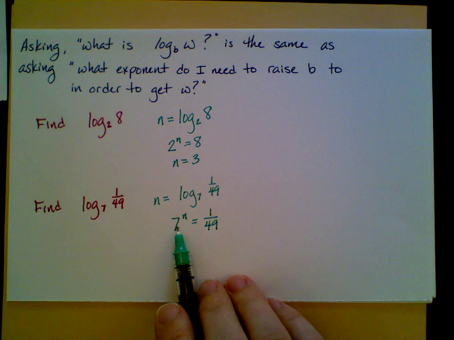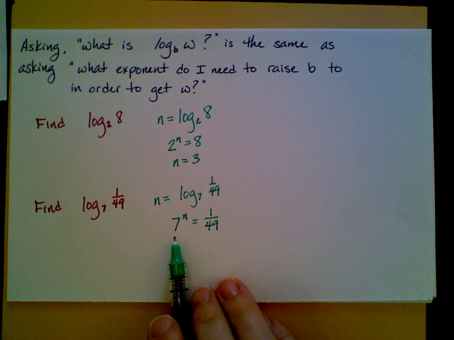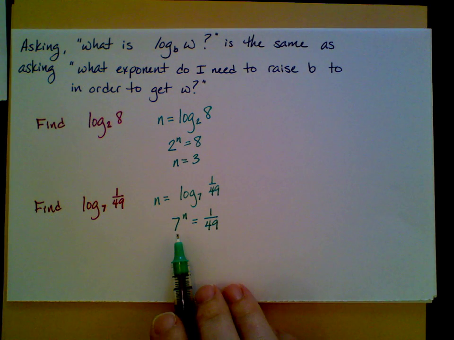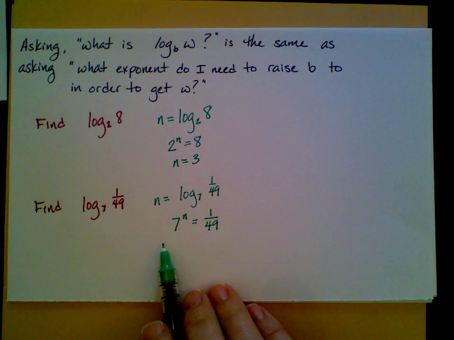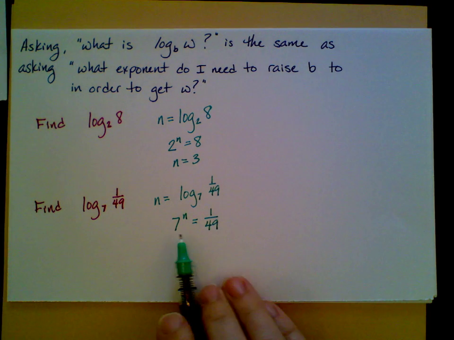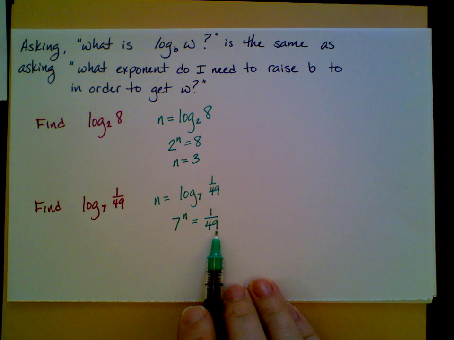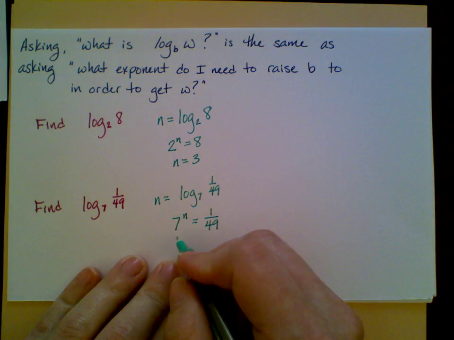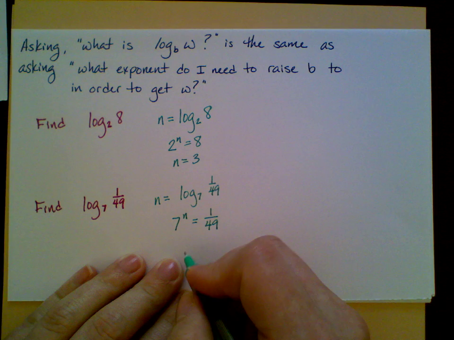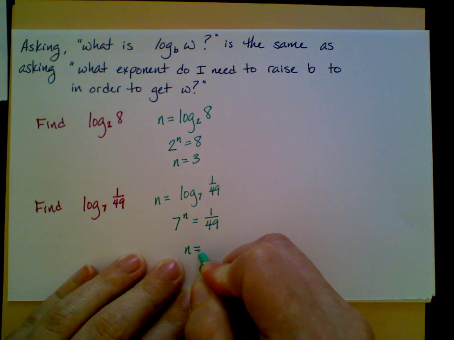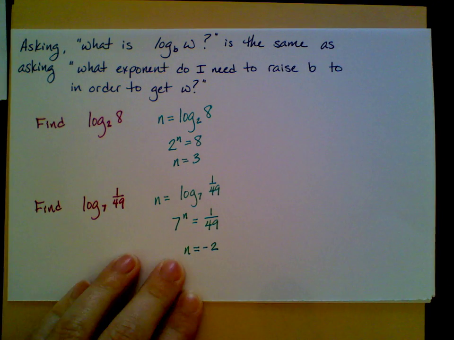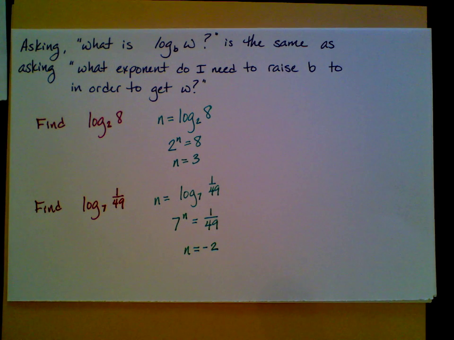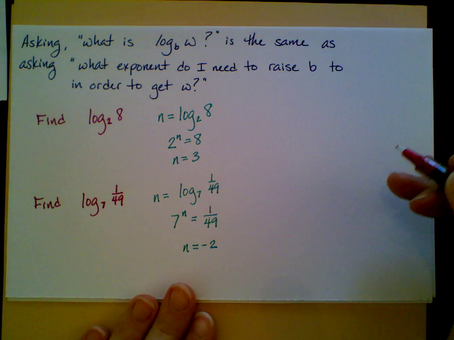So I need to raise 7 to an exponent. Notice that 7 squared is 49, so that is relevant here, except what I want is the reciprocal of 49, so I need a -2. 7 to the -2 is 1 over 49. And if you need to refresh your memory as to why, rewatch the Solving Exponential Equations video from the last learning module.